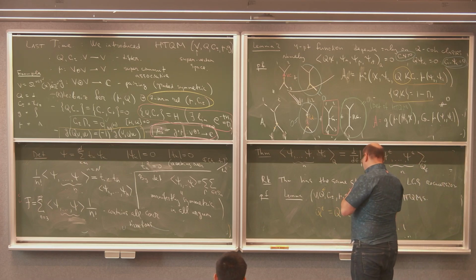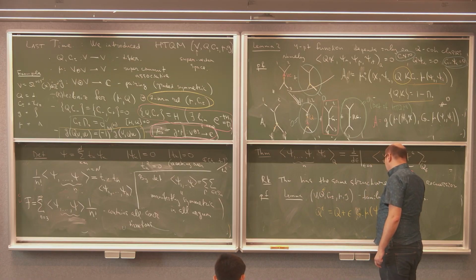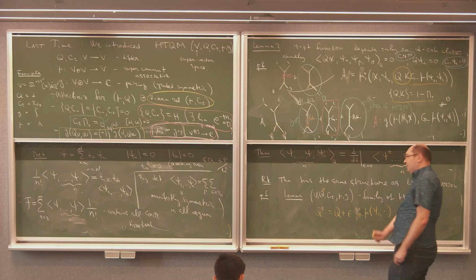For this additional term in epsilon we have the following construction: it is G minus of a multiplication by some state psi.